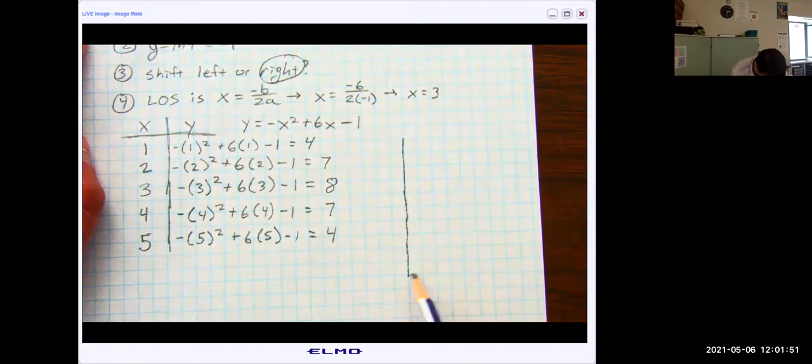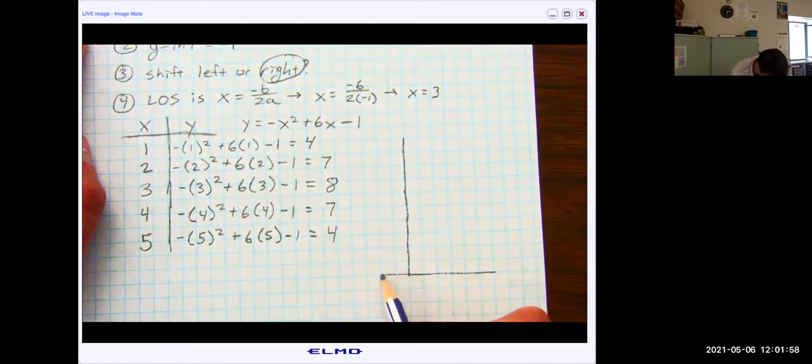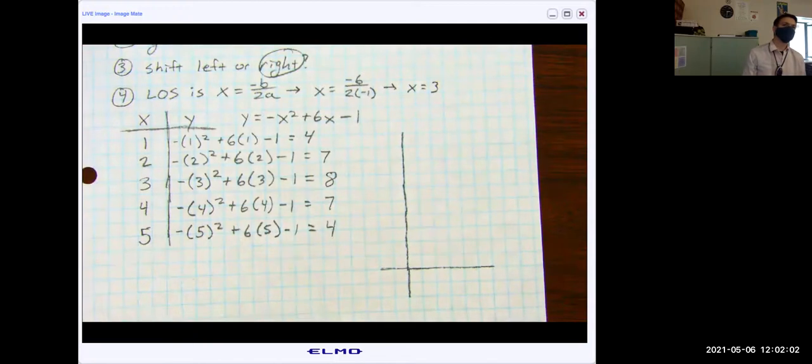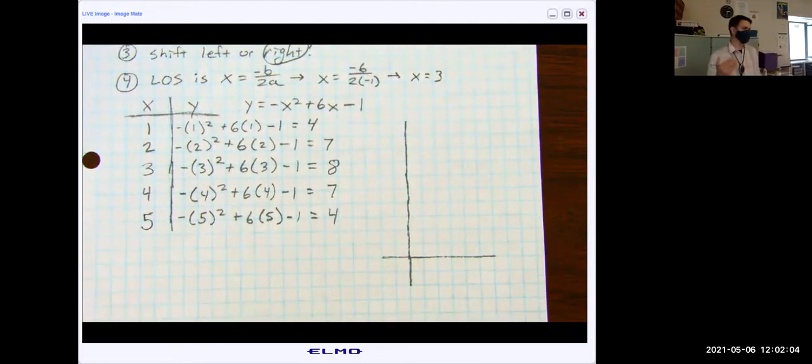And then x's will go out 1, 2, 3, 4, 5. Maybe I even go one more, just a little bit. Maybe I show the negatives a little bit too, kind of like that. So really my coordinate plane, I only have to worry about the positive quadrant. I don't have to do too much with the other ones. That happens a lot when you're trying to graph quadratics.